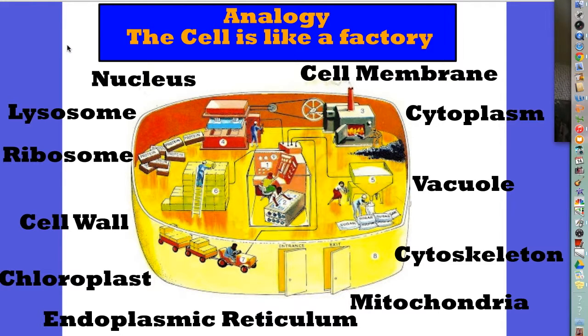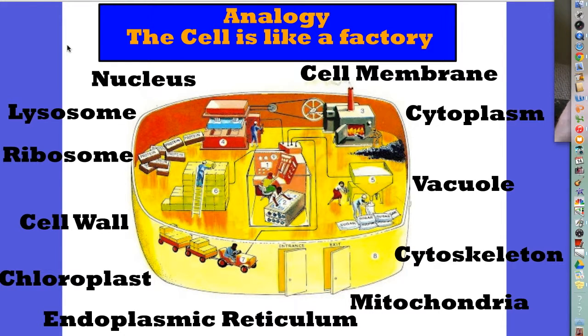So we see in this analogy how a cell is very much like a factory. The nucleus is running the show, telling the ribosomes what to make and when to make it. Once they're made, the Golgi bodies can package it up and get it ready for delivery. The endoplasmic reticulum is moving materials around. It's all powered by the mitochondria, which is supplying energy for the cell.